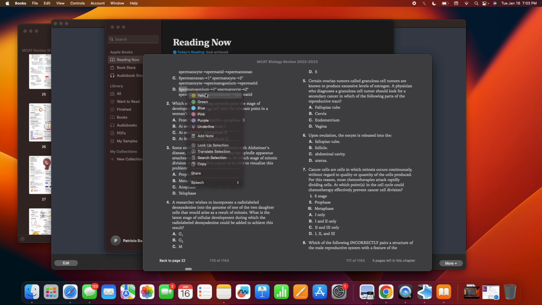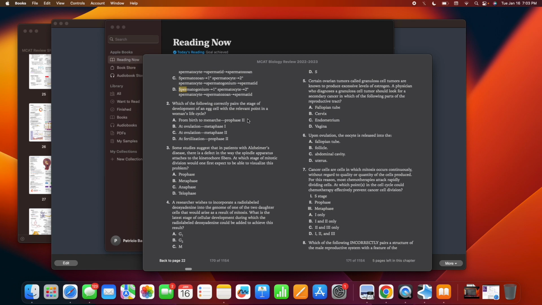I can highlight this one. Which of the following correctly pairs the stage of development of an egg cell with the relevant point in a woman's life cycle? I have no clue. Let's read it again.